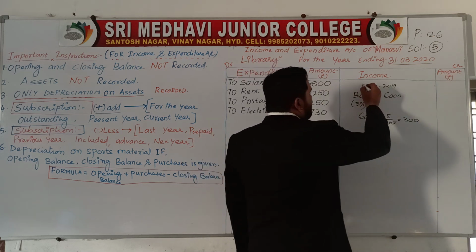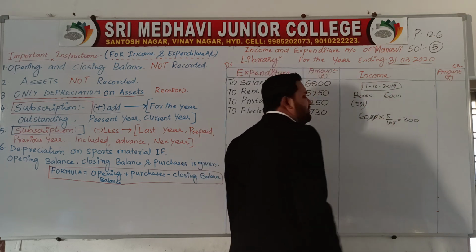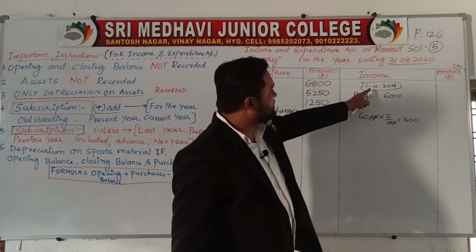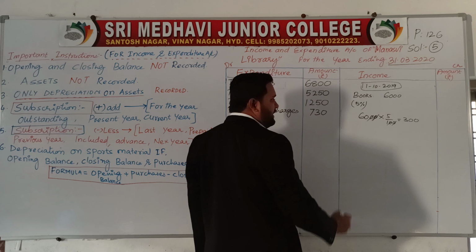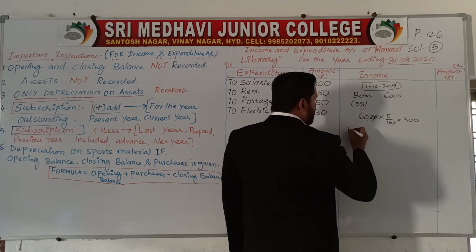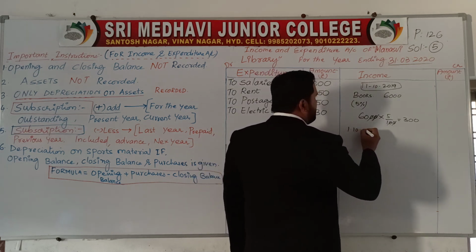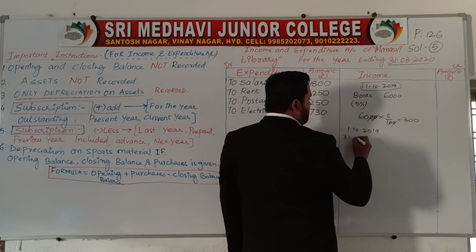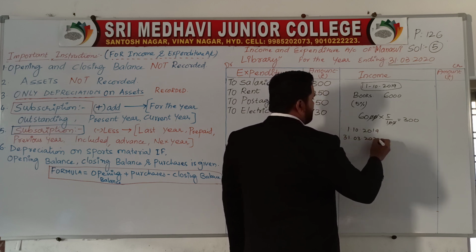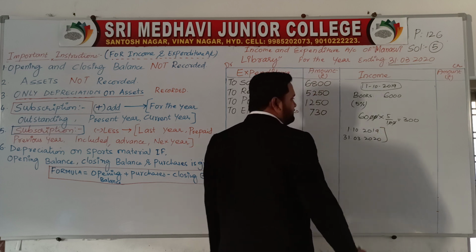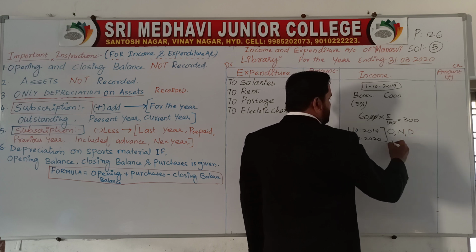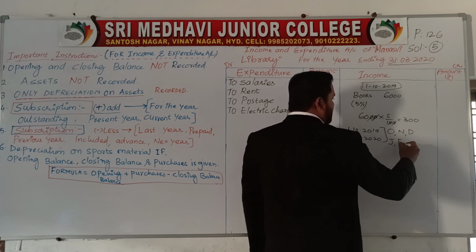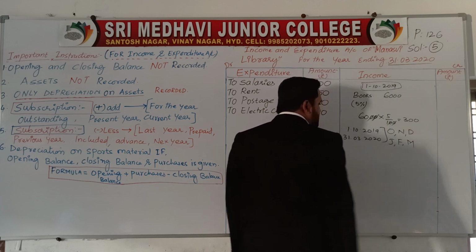But here the book is purchased in the middle of the year, which means we purchased on 1st October. From 1st October 2019 to 31st March 2020, how many months are there? October, November, December, January, February, March.